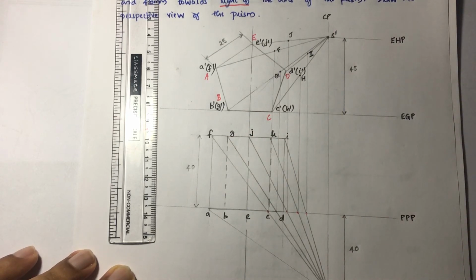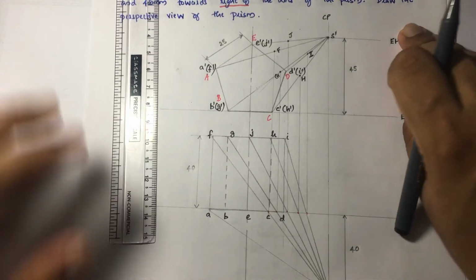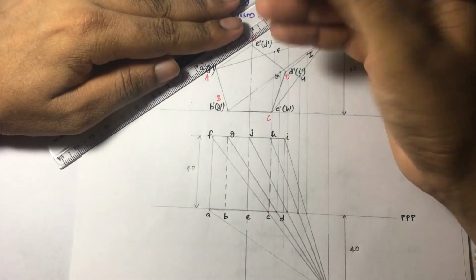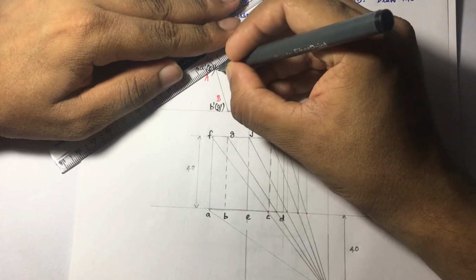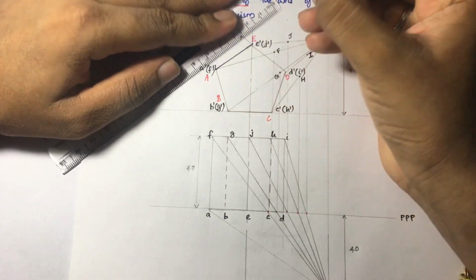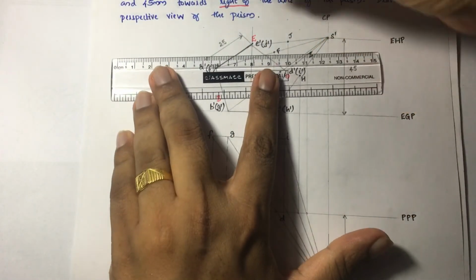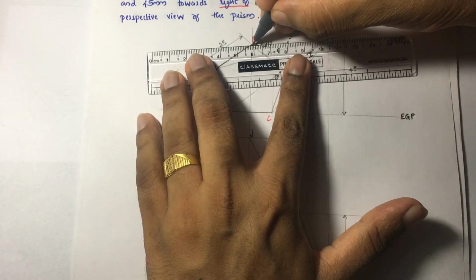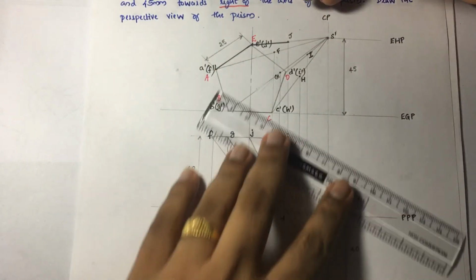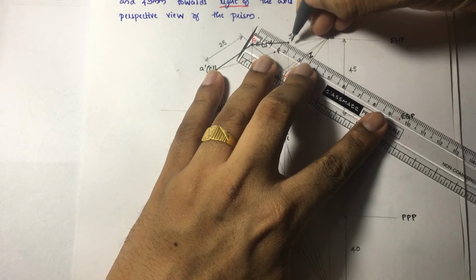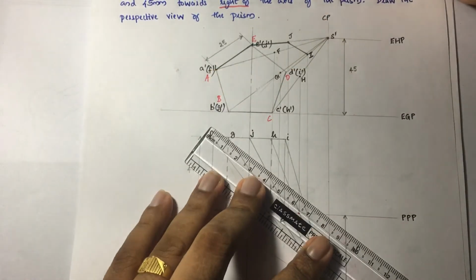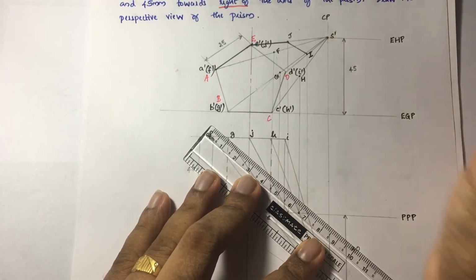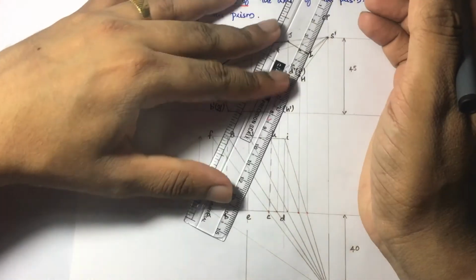Then you have to join the outside edges firstly. Okay. So we know that these edges are coming already. So you have to mark these edges firstly. From E you have to join J. Okay. Then with J and I you have to mark the outside edge. From this side, the outside edge is IH.